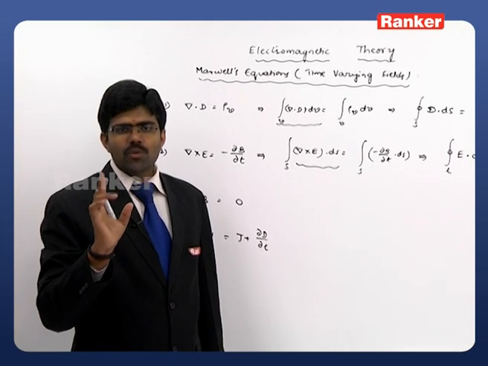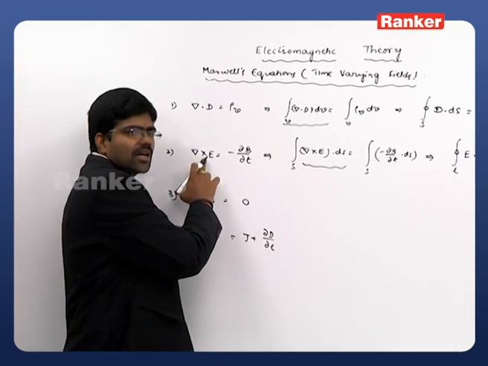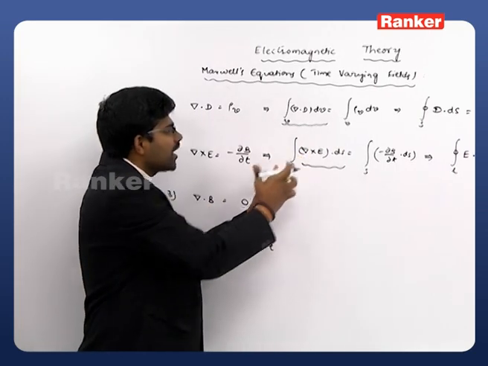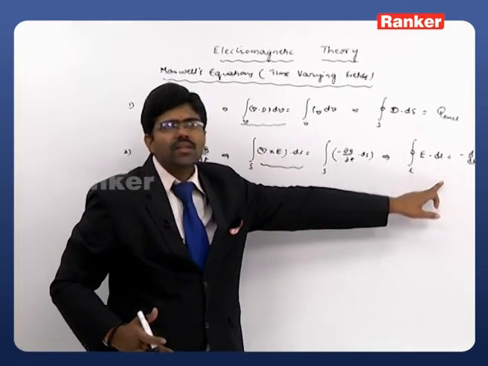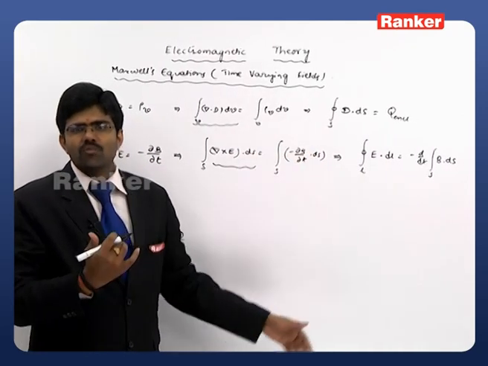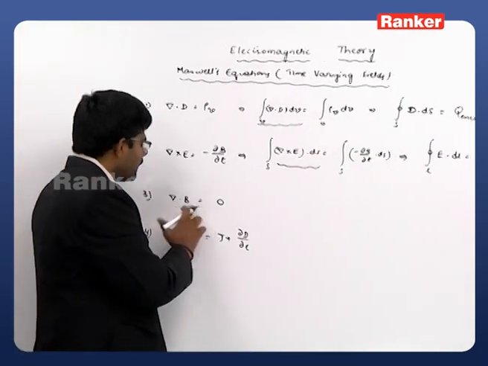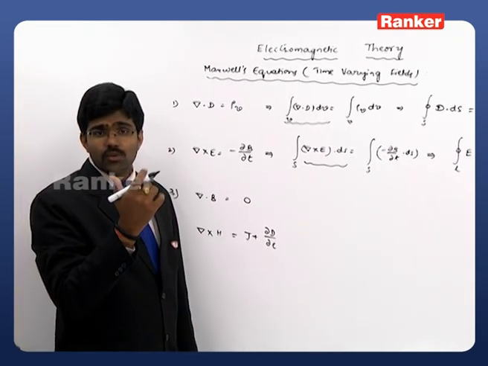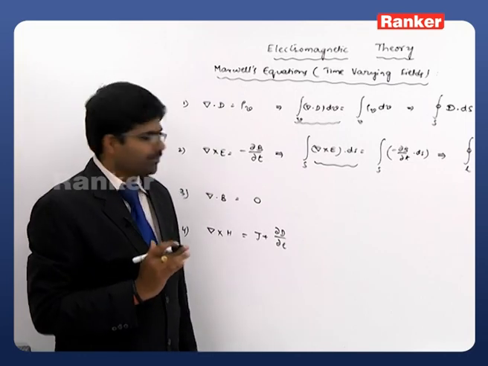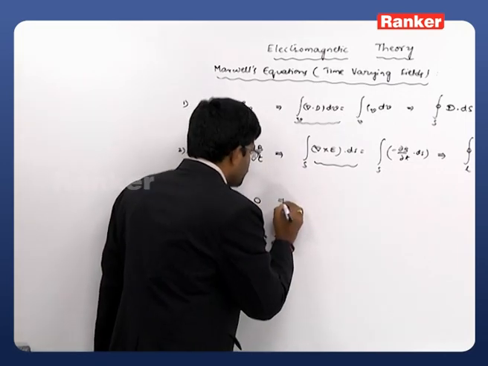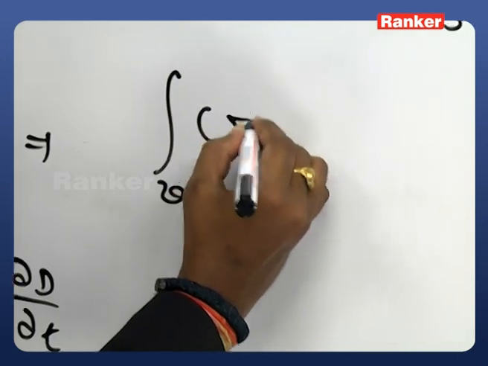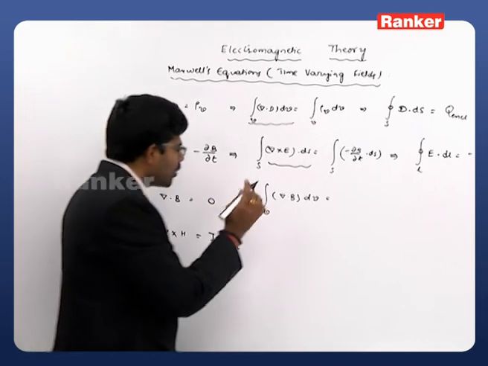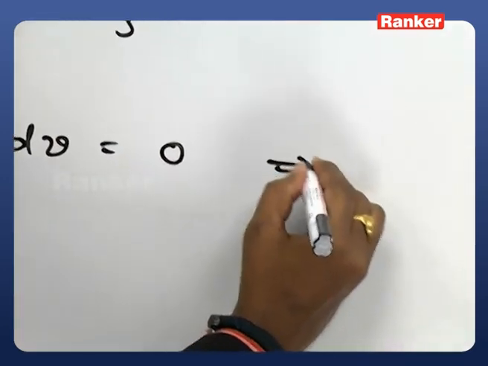Once again, whenever you have a curl, apply Stokes theorem by applying a surface integral on both sides, so that the simplified equation is the integral form. In the same way, try to simplify the third equation, del dot B equals 0. Since we have a divergence, apply a volume integral on both sides: the volume integral of del dot B dv equals the volume integral of 0.